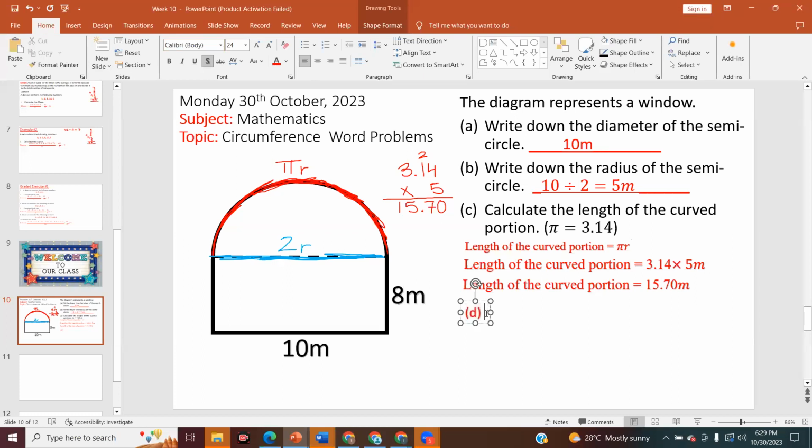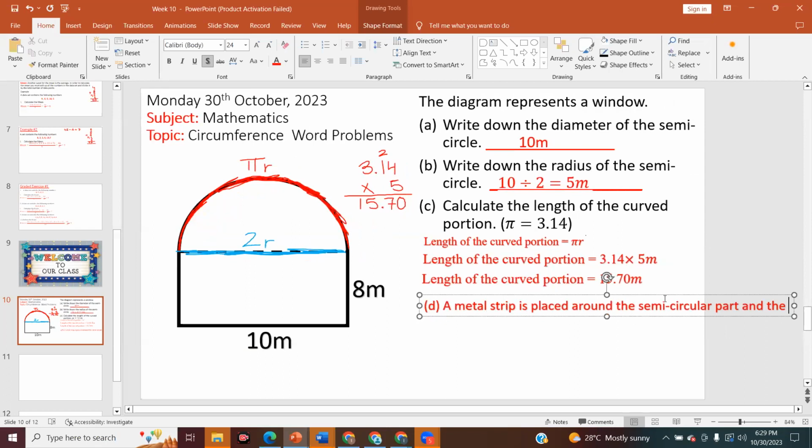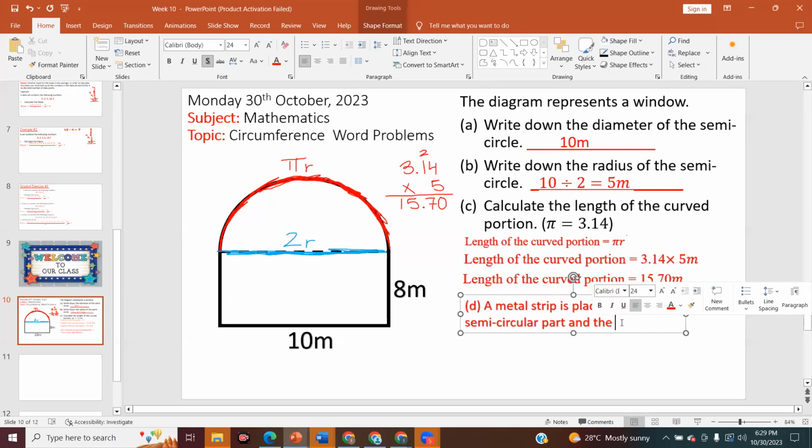So a metal strip is placed around the semicircular part and the three straight edges.